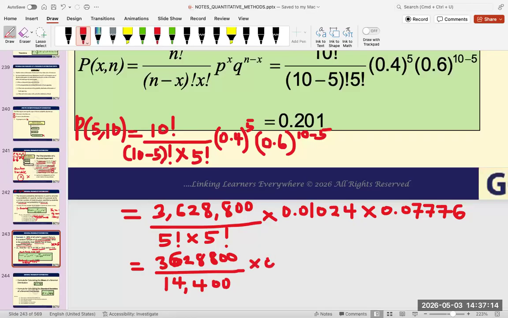Now that we have worked out all of them, we can now multiply all of them together and divide by what you are seeing. Let's see the answer we get at the end of the day.